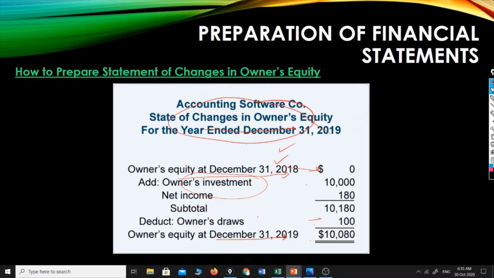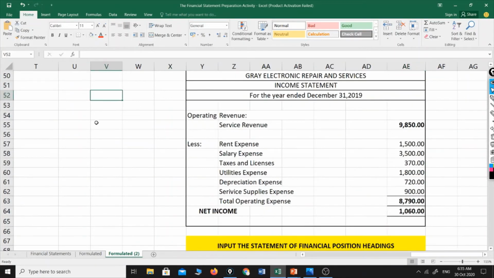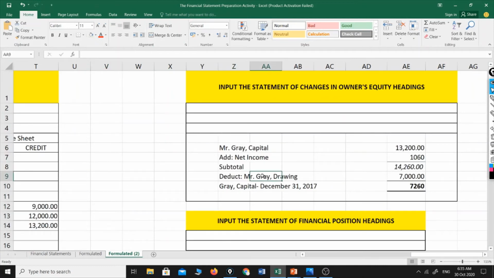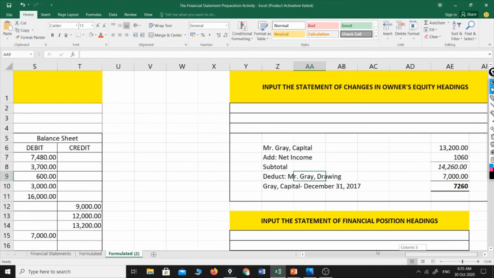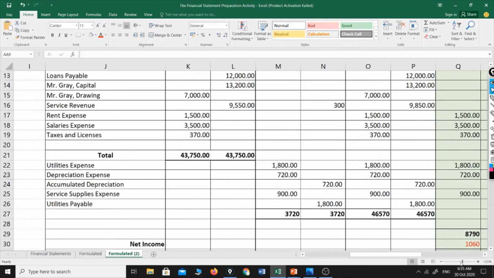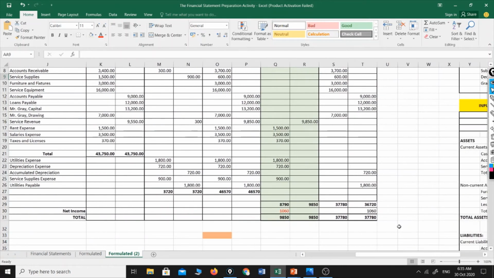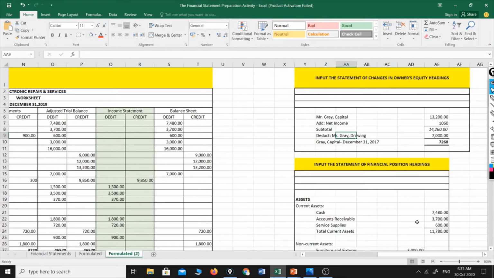Okay, so let's make this statement on our example. Again, we will still be using our worksheet in preparing the statement of changes in owner's equity.